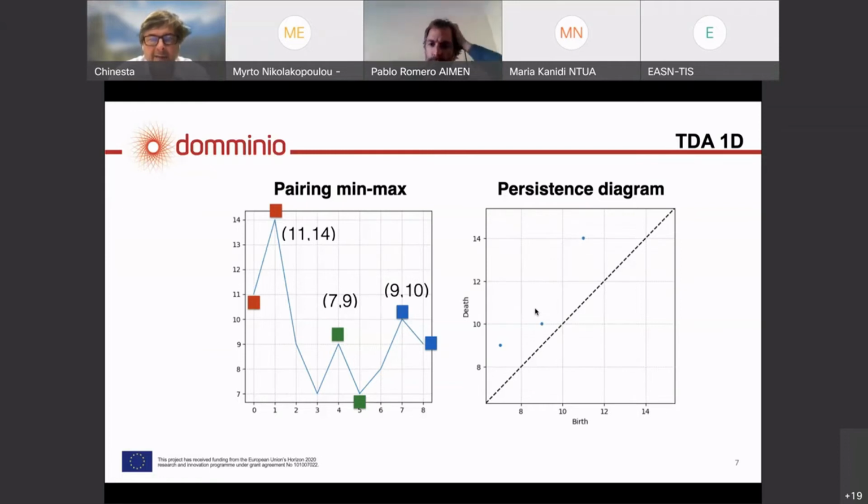As soon as this has been identified, and this is very easy, as soon as you have the profiles with a computer script, you can represent this in the so-called persistence diagram that appears on the right, in which you have the min on the horizontal axis and the max on the vertical axis, and you can see that you have the 7, 9, the 9, 10, and the 11, 14, that are the three blue dots that are associated to the different pairs on the image on the left.